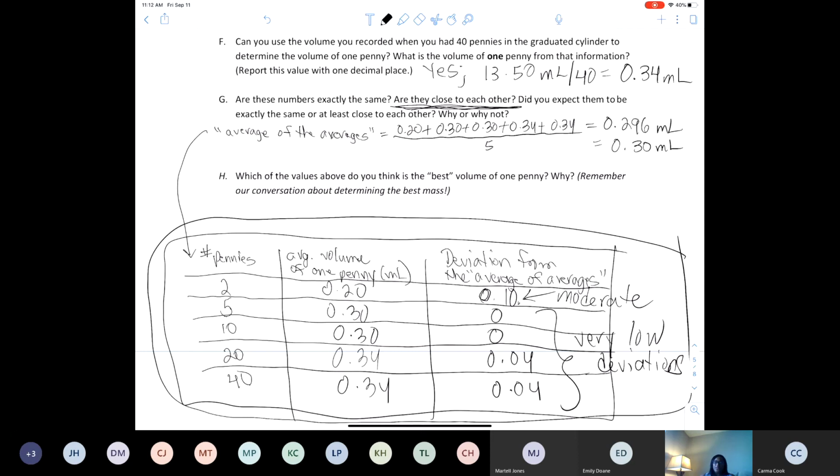And this also answers the question, are the numbers exactly the same? I can see right there that some of them are, some of them are not.